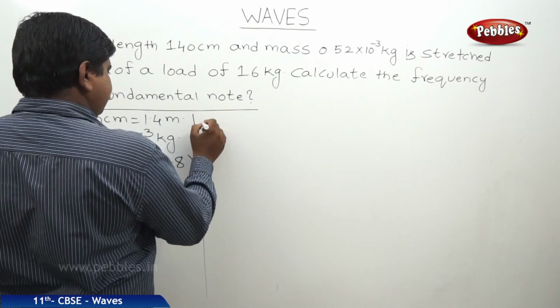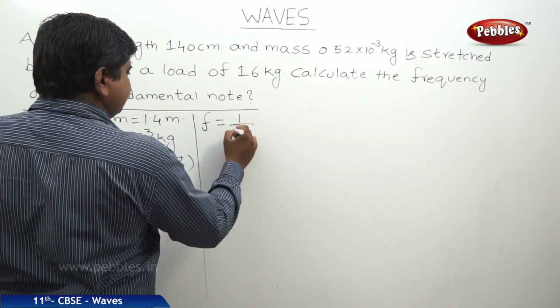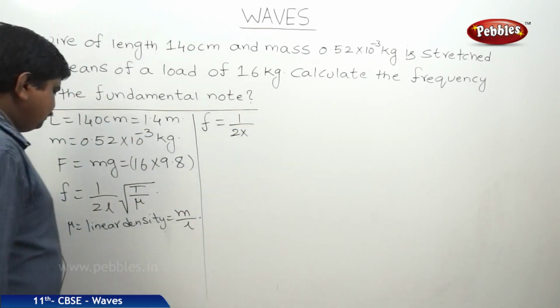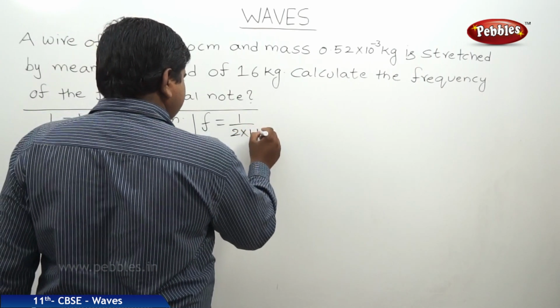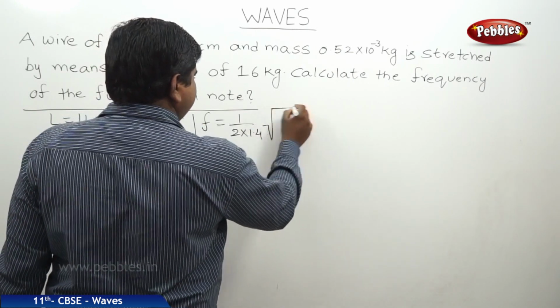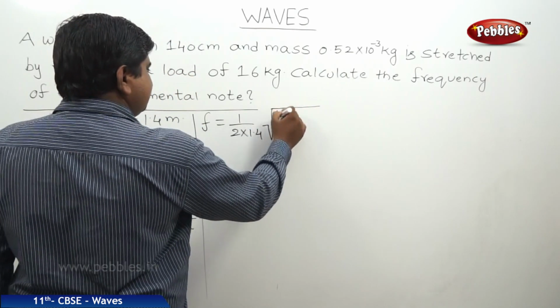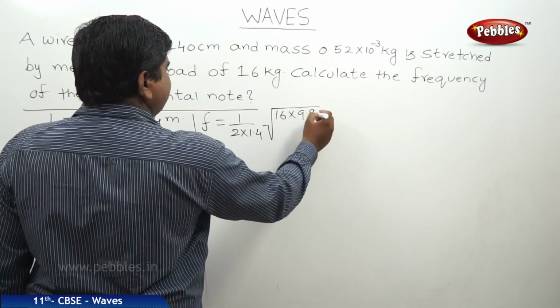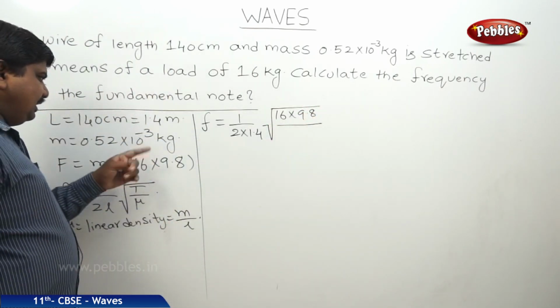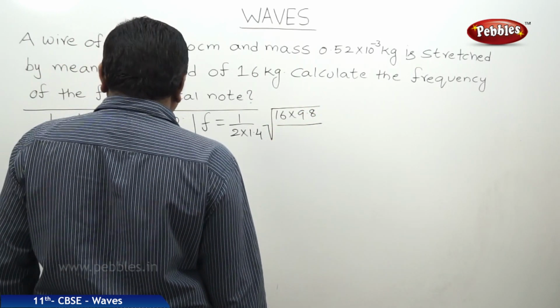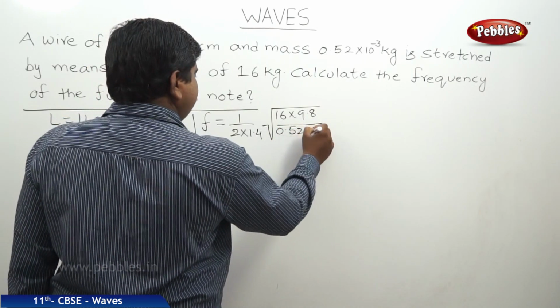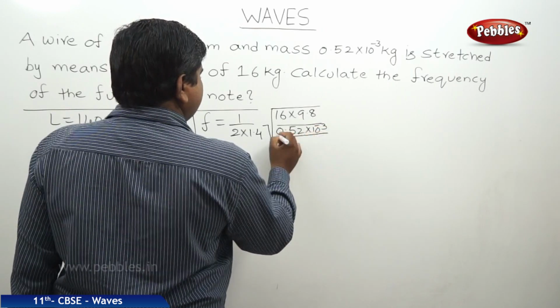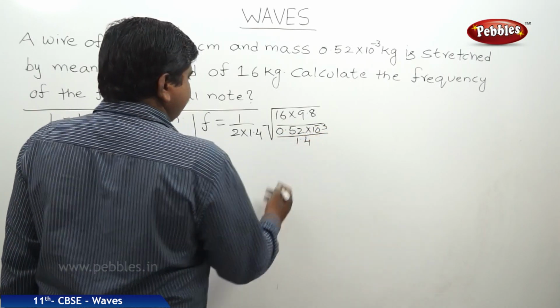Therefore, f is equal to 1 by 2 into the length 1.4 into square root of tensional force 16 into 9.8. Mu is equal to m by L, where m is equal to 0.52 into 10 to the power of minus 3, length is equal to 1.4.